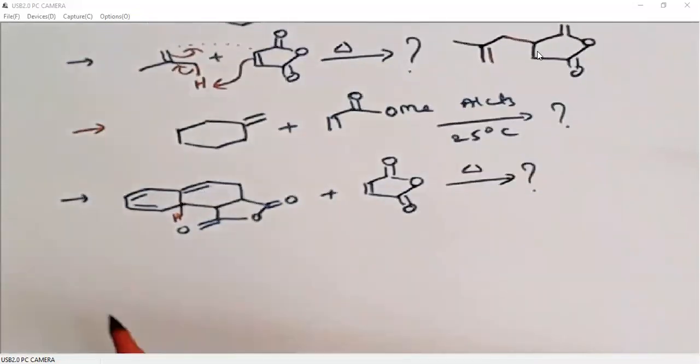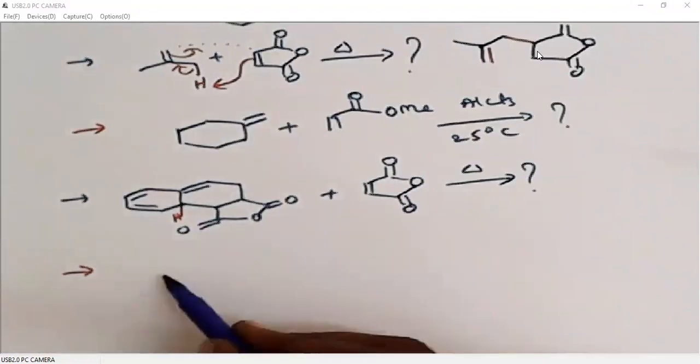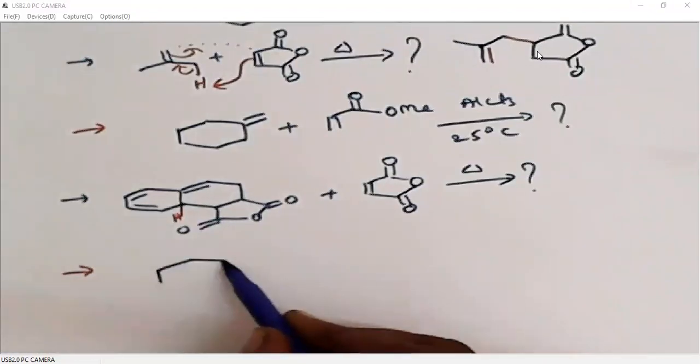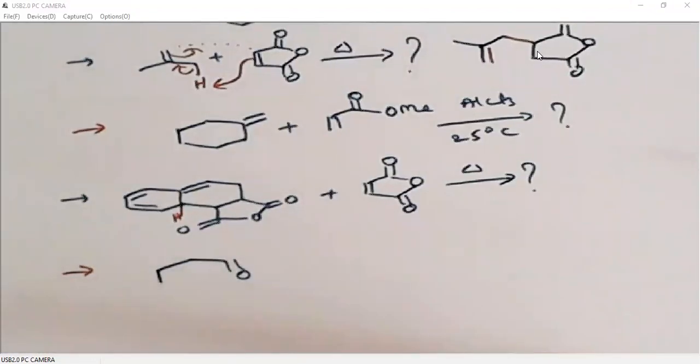We can also have an intramolecular ene reaction. So far we have discussed only intermolecular ene reactions. In the next example, we will see an intramolecular ene reaction. Of course, if you want to write this: 1, 2, 3, 4, 5, 6, 7, 8.